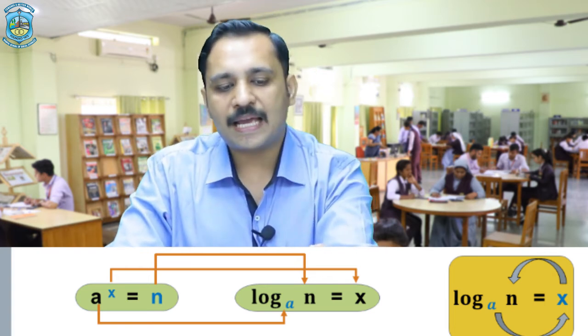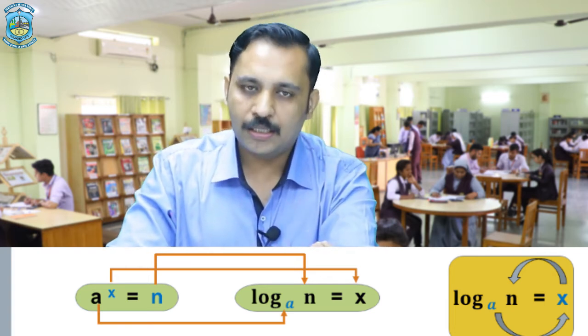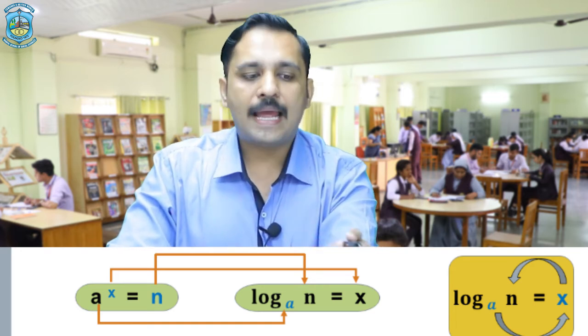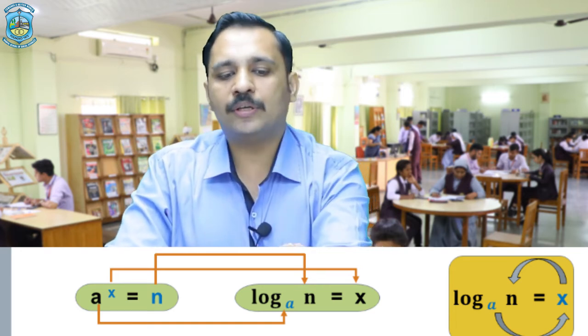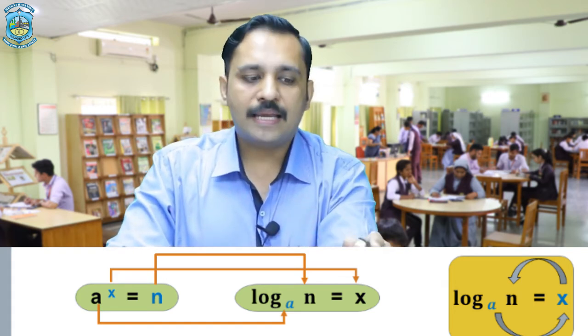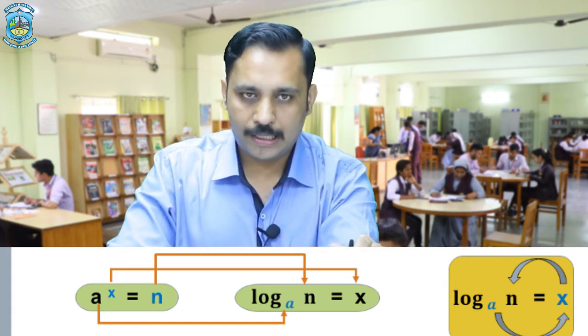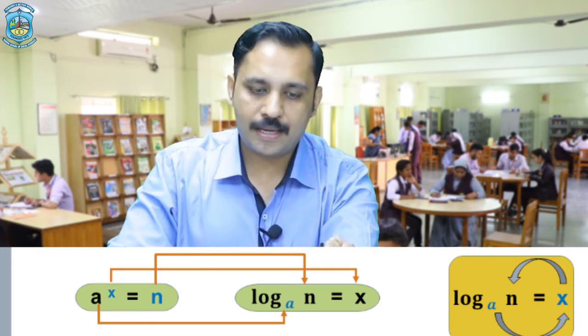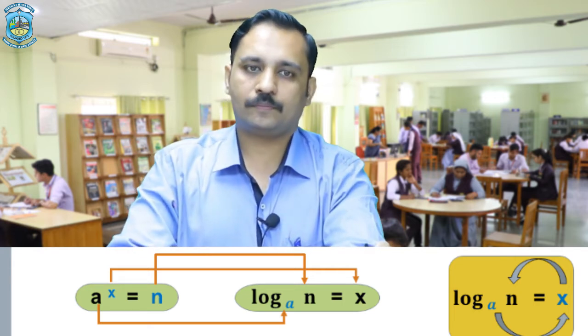This a comes as the base for the logarithm as well, so we put this a as a subscript, which is known as the base. And the power x is actually the answer of the logarithm, so we write it as x. That means a raised to power x is equal to n can be represented as log of n to the base a is equal to x. Here x is called the exponent, index or power, and a is called the base.